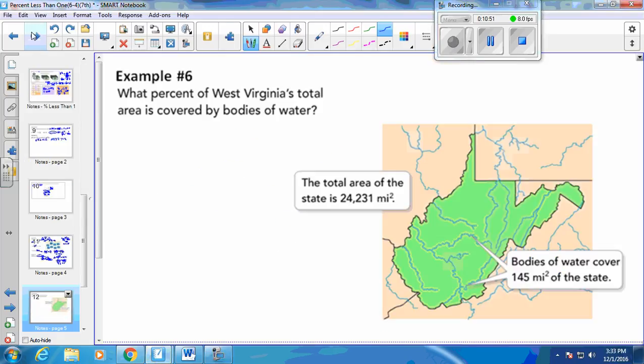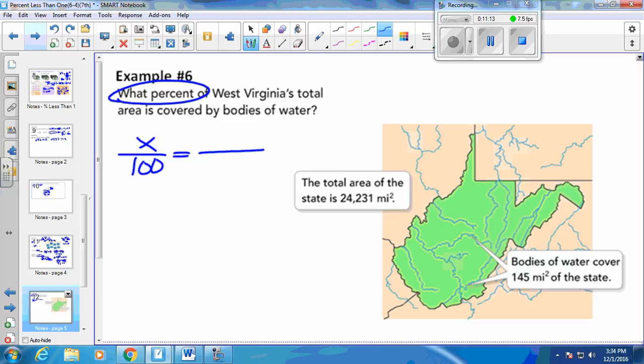Number 6, I will do this one with you because this one doesn't have questions just as simple as "is" and "of." They are now saying, what percent of West Virginia's total area is covered by bodies of water? So this one, I'm more thinking of a part and whole. Since it's asking what percent, I definitely know that I don't know my percent.